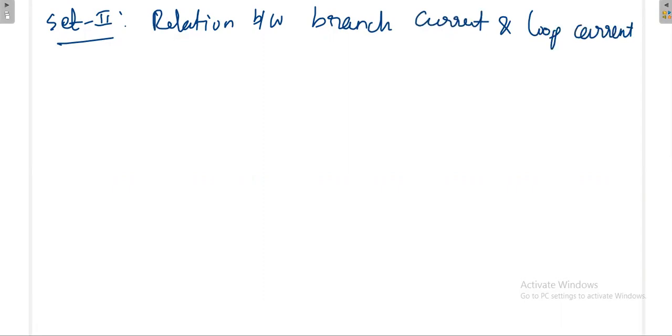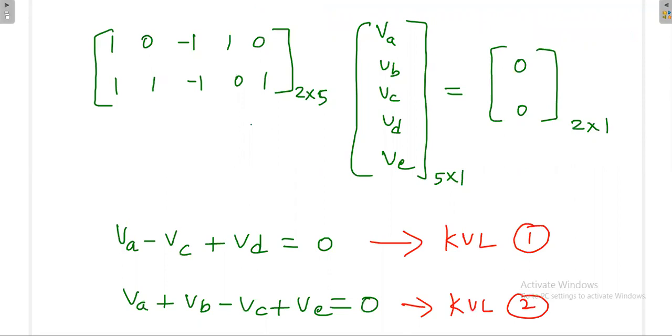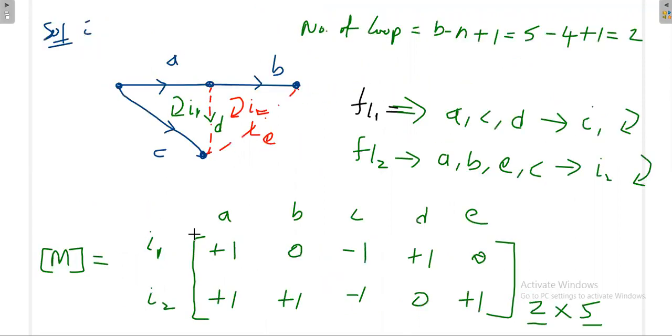For that we have to use the matrix M transpose multiplied with the I loop matrix, which gives the branch current. This is the loop current, but here I am writing J to denote the branch current. It is related like this. What about M transpose? We already know M, now we take the transpose. The dimension of M is 2 cross 5, so once you take the transpose, it will be 5 cross 2.